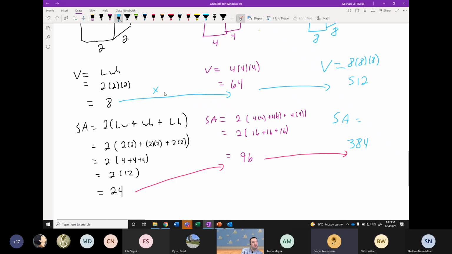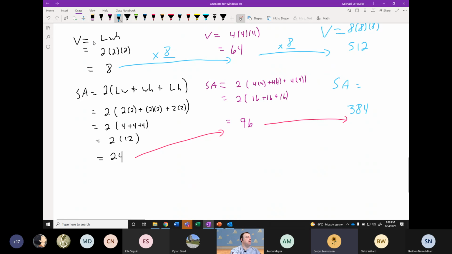As we go up, every time we double, what do we multiply by? Good. So we times it by 8. 8 times 8, 64. 64 times 8 is 512. So every time we double, we multiply the volume by 8. It gets 8 times bigger.